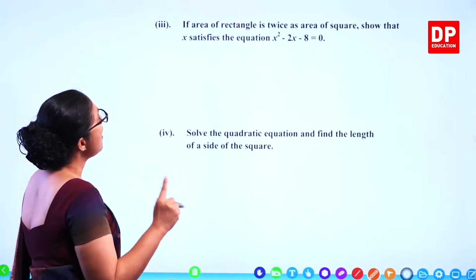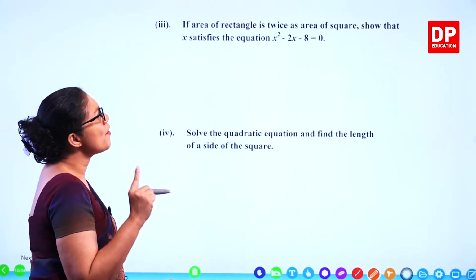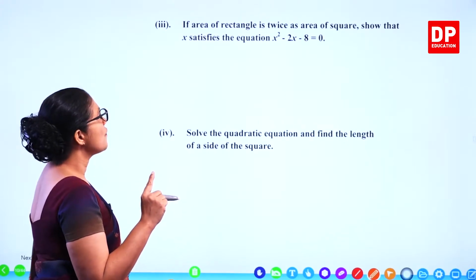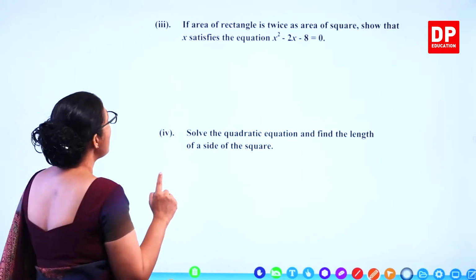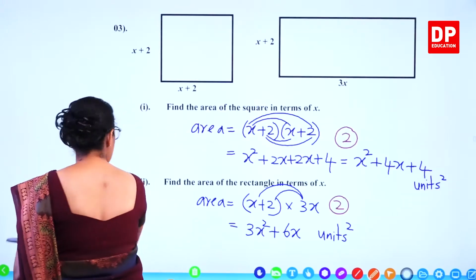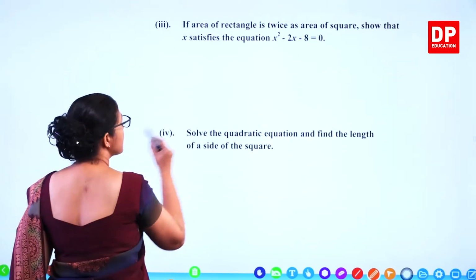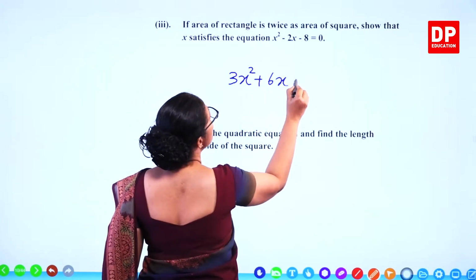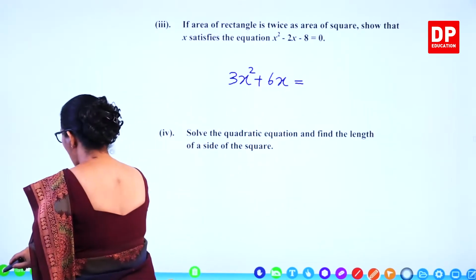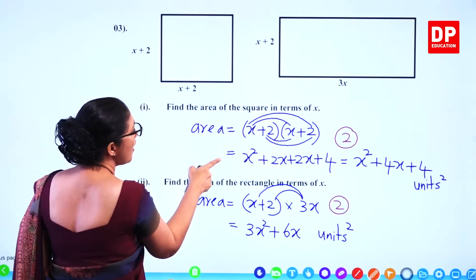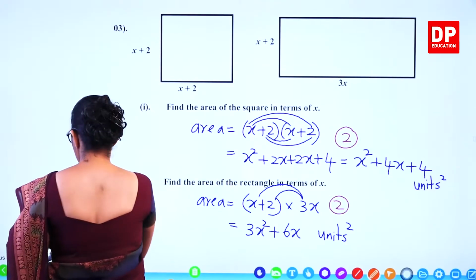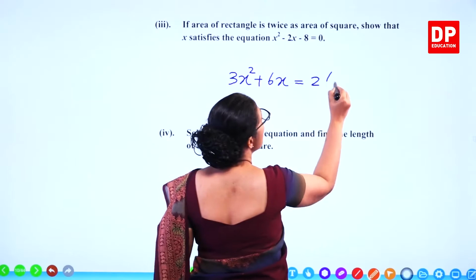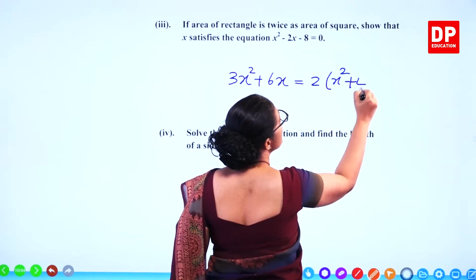Part 3. If the area of the rectangle is twice the area of the square, show that x satisfies the equation. So the area of the rectangle, that's 3x squared plus 6x, is equal to twice the area of the square. So 2 times x squared plus 4x plus 4.